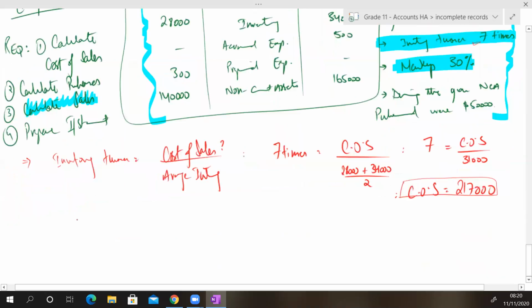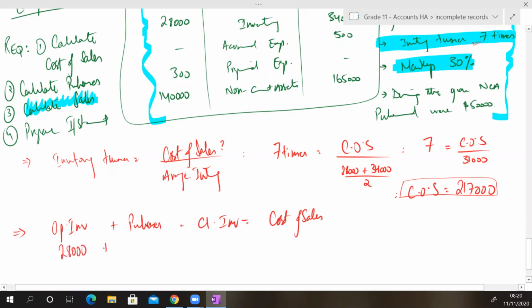ठीक है जी. उसके बाद जनाब आपका परचेजेस निकालना है. ओपनिंग इन्वेंट्री plus purchases minus closing inventory is equal to cost of sales.